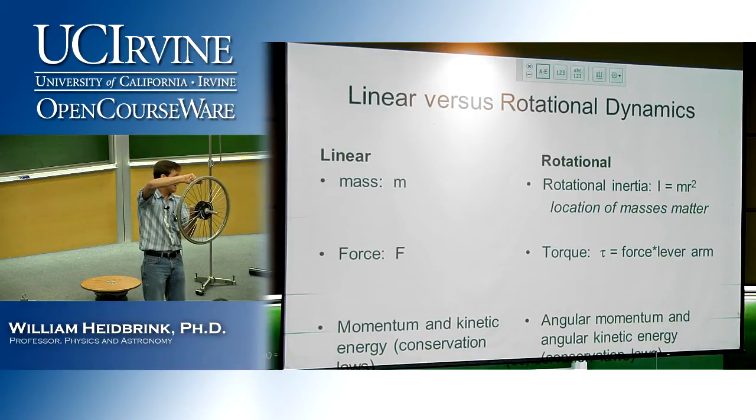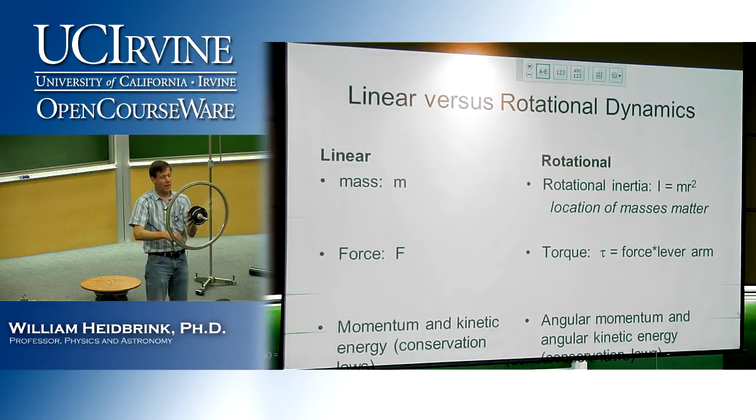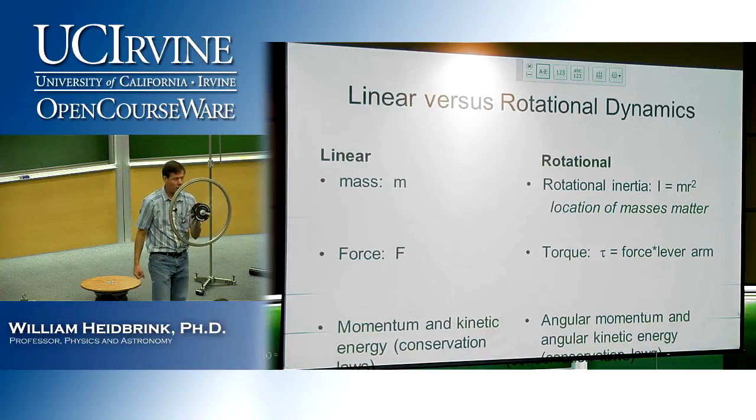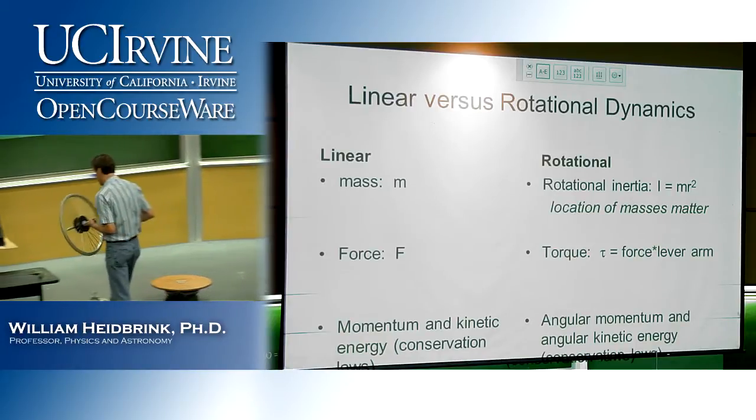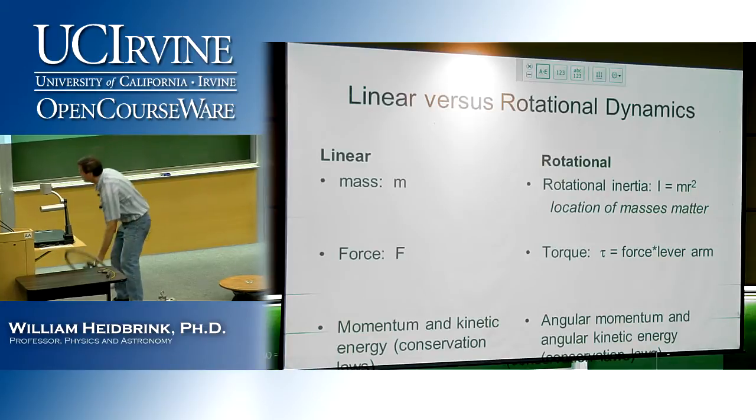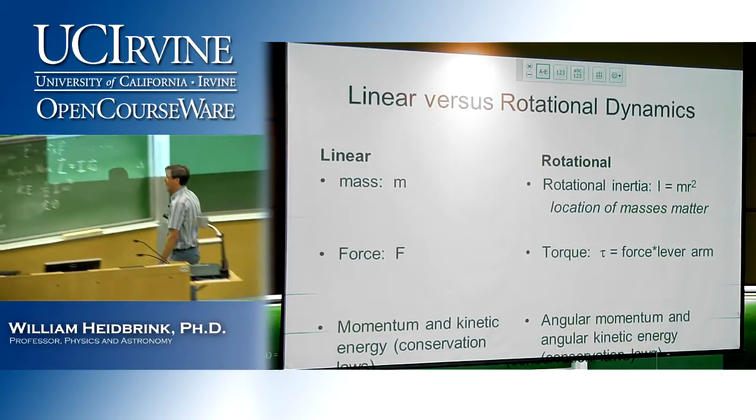I can apply that same magnitude of torque over a bigger angle, and it spins faster. I do more work on the object because I pushed it farther, just like for translational motion. And so it gains more energy, and then it has more kinetic energy as it spins around. Okay, so that's that one.